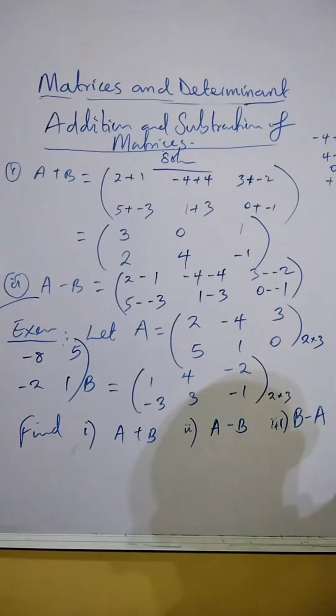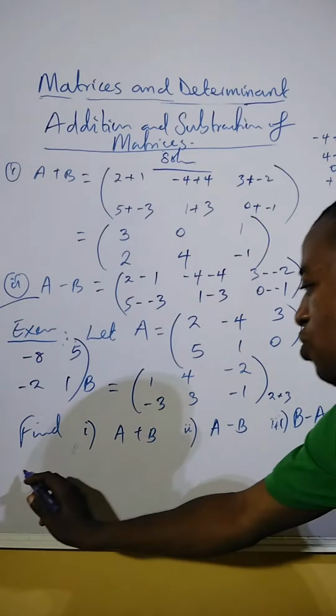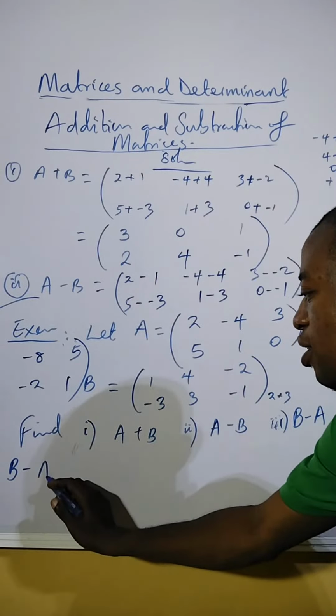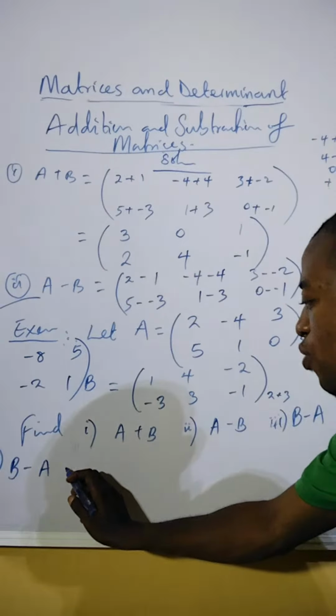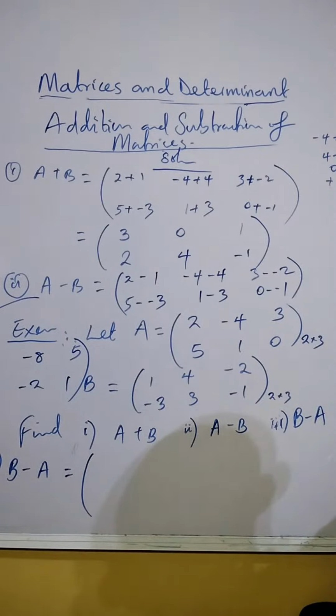Now, B minus A, for question number 3, means that B comes first. So we take B first.